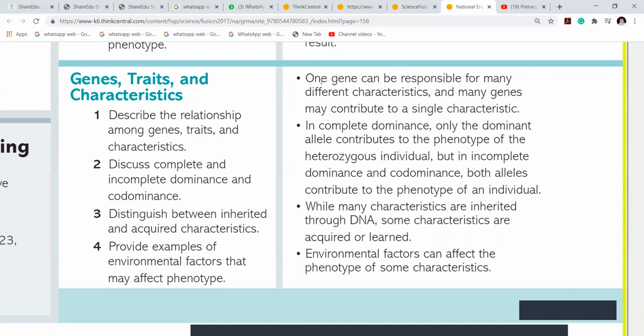Vatin, you will read the right hand side, the first one. Then Malak will read the left, second, and then you will read. Understood? Like that. Come on. So Malak will read describe the relation, and I will say one gene can be responsible. Read it again, Malak. Describe the relationship among genes, traits, and characteristics.